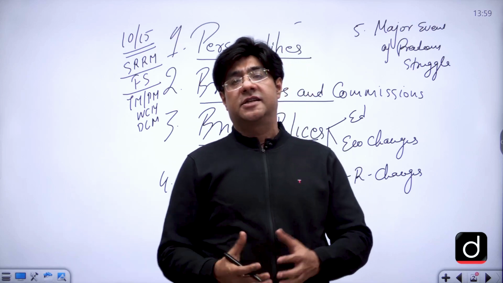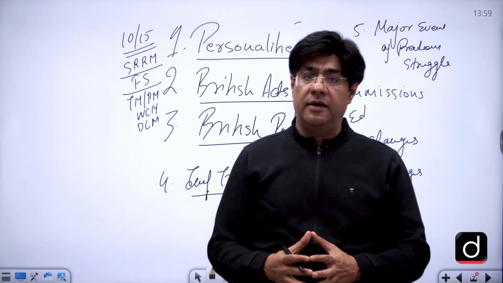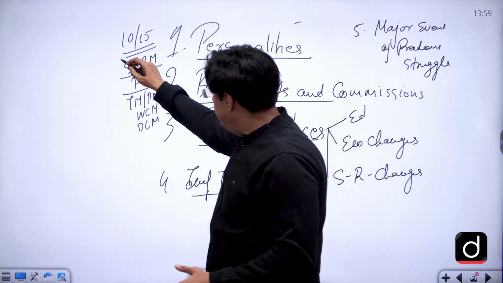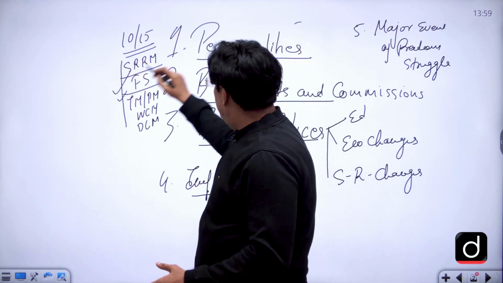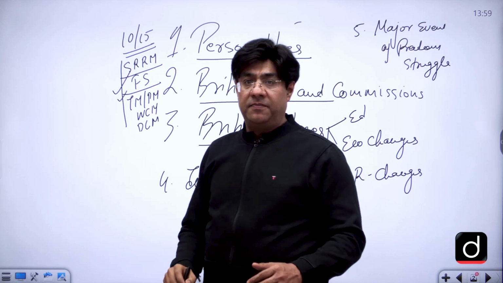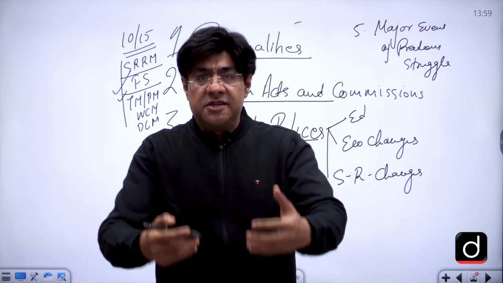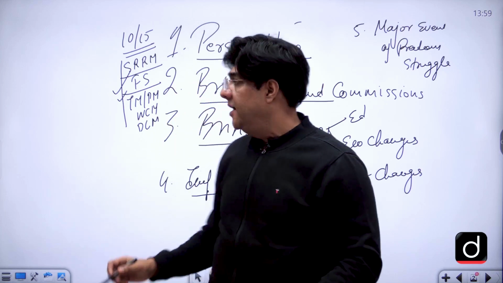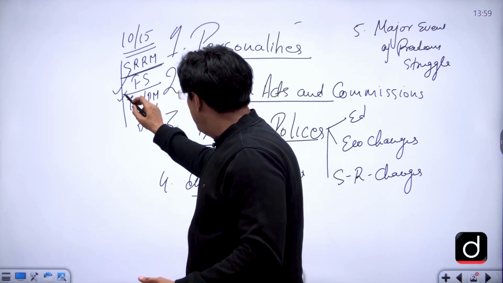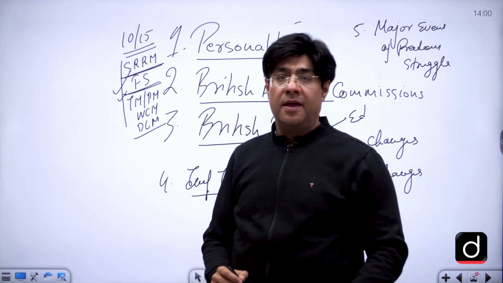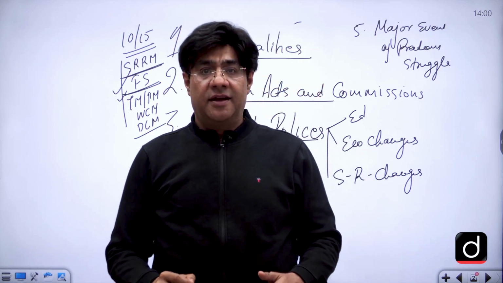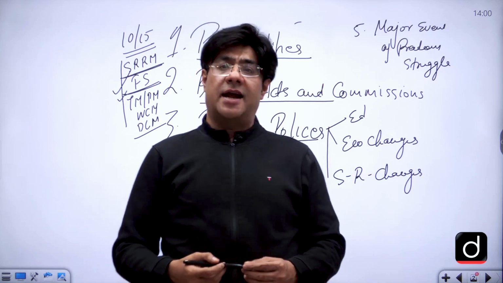In the depressed classes movement, we take Dr. Bhimrao Ambedkar. So if we do it that way, then while going through the personalities, we will also be able to have a quick understanding of the features of these struggles, isn't it?